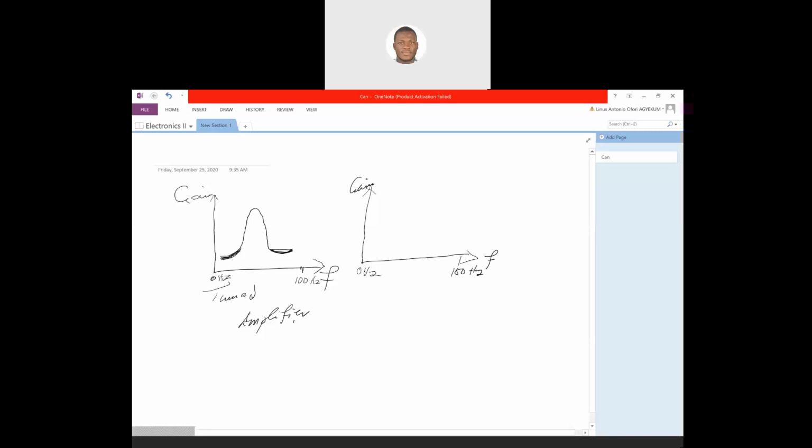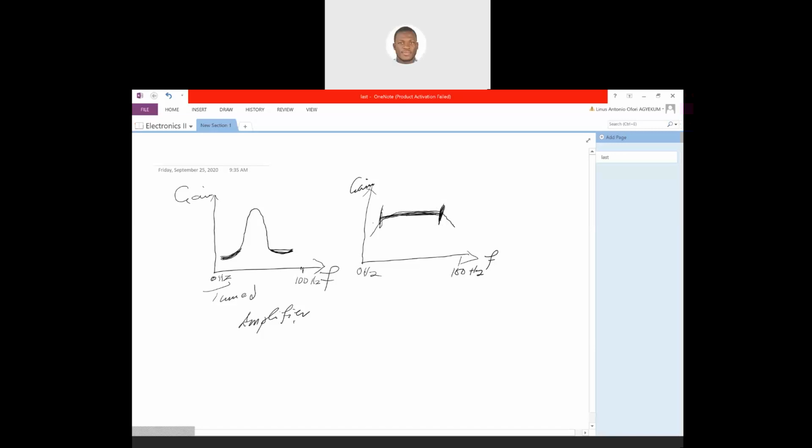What happens here is that the gain remains constant for wideband amplifiers for a wide range of frequencies. So what you would find in your notes is that for the wideband amplifier, you have something like this. For this section of the band, the gain of the amplifier remains what? Constant for a very wide range of frequencies.